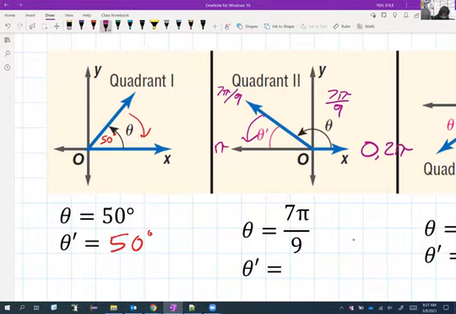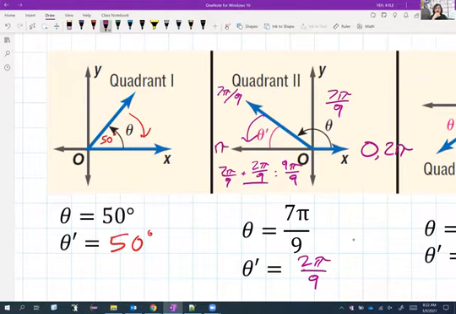I like to think of it and say, okay, 7 pi over 9, and I'm trying to get to 9 pi over 9. And you might have seen what I did just there. I'm trying to get to pi. That's 9 pi over 9, which is just pi. But I wrote it with a common denominator because now I say 7 pi over 9 plus what equals 9 pi over 9. And I can see a little more easily 2 pi over 9. If I travel 2 pi over 9 radians, I will get to 9 pi over 9, that's pi, that's my x-axis.